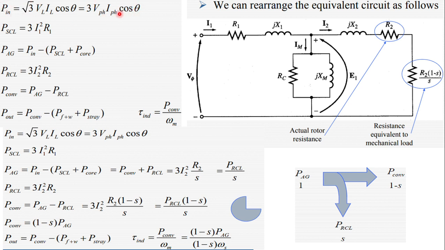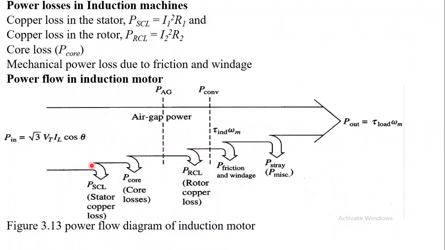And stator copper loss means this, since the machine is three-phase, 3 times stator current squared multiplied by stator resistance. Here is the air gap power. The air gap power is equal to input power minus stator copper loss plus core loss. Here is the air gap power. In this case, the power can be calculated by subtracting from input power the stator copper loss and rotor copper loss.